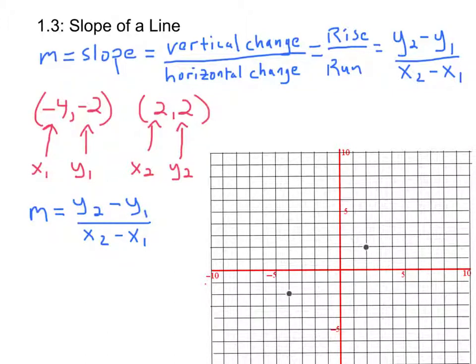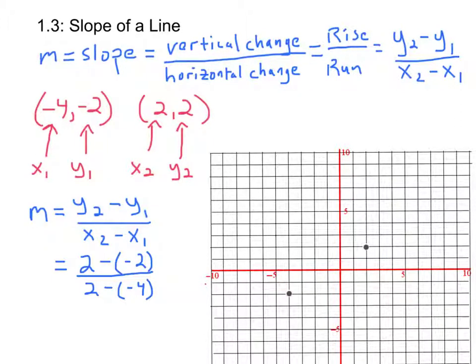So the slope, m, would equal y2 minus y1 divided by x2 minus x1, which in this case would be 2 minus a -2 divided by 2 minus a -4.